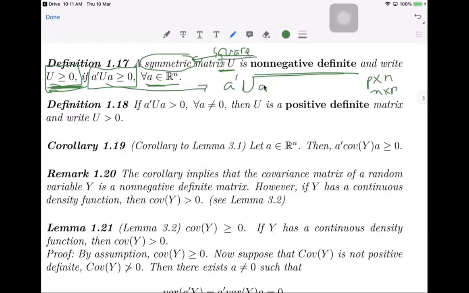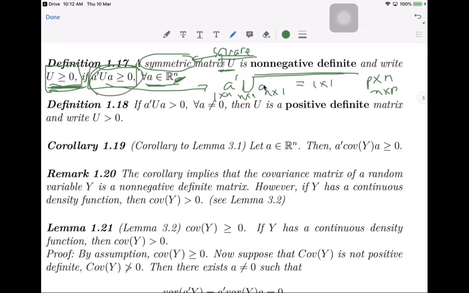So this is an n by 1 matrix. This is n by 1, this is n by n. So this must be n by 1 by n, so that this quadratic form is just a 1 by 1 matrix.